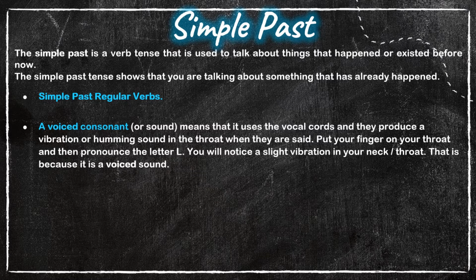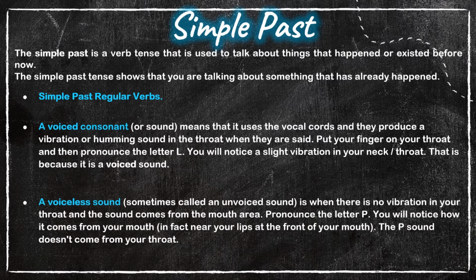So practice that. Also, you have the voiceless sound, sometimes called an unvoiced sound. It is when there is no vibration in your throat and the sound comes from the mouth area. Pronounce the letter P. Practice. P, P, P. If you put your hand on your throat, you will notice that your vocal cords don't vibrate.